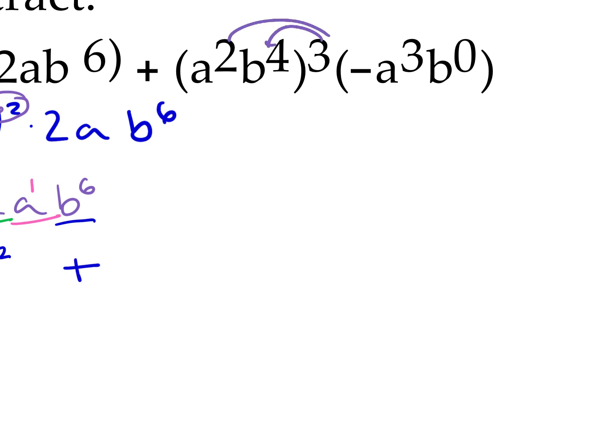Distribute. So this would be a squared to the 3rd power, b to the 4th power to the 3rd power, negative a cubed b to the power of 0. What can I do next?